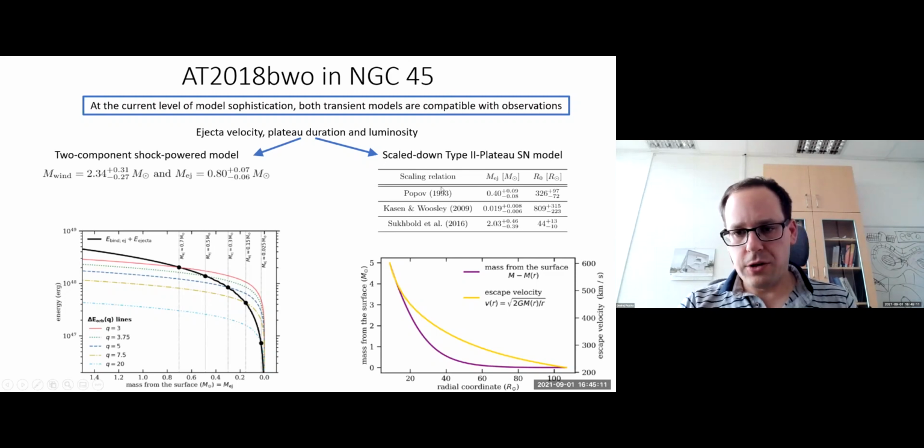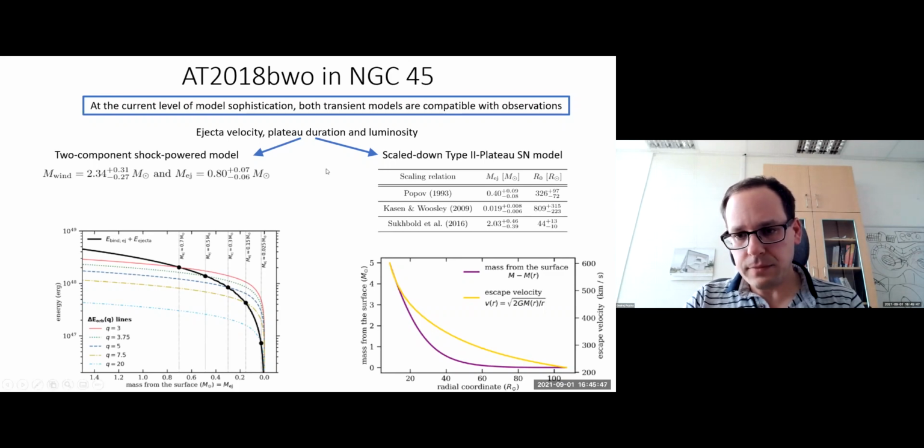The second option is to use a scaled-down version of Type II plateau supernova modeling, or analytic scaling relations. There have been a number of these in the literature, which differ by the numerical prefactors in the analytic scalings, or sometimes in the exponents of the power laws. And what we find is that the results here differ quite dramatically among different prescriptions. The reason for this is that this inversion is nearly degenerate.